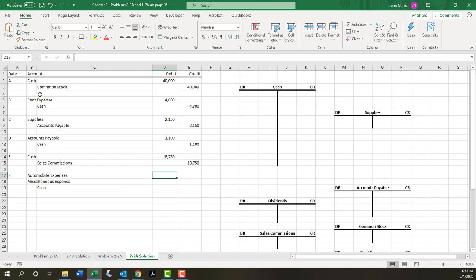So the automobile expense was $1,580, another $800 is a total of $2,380.